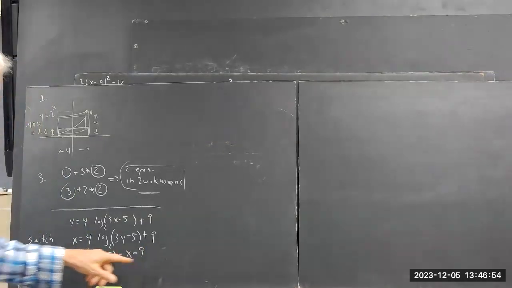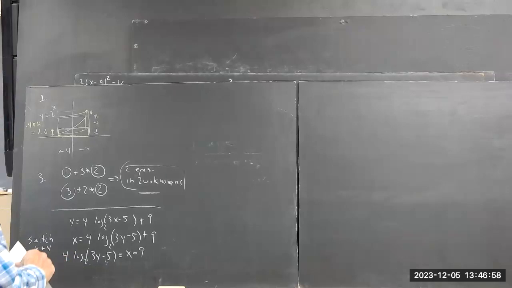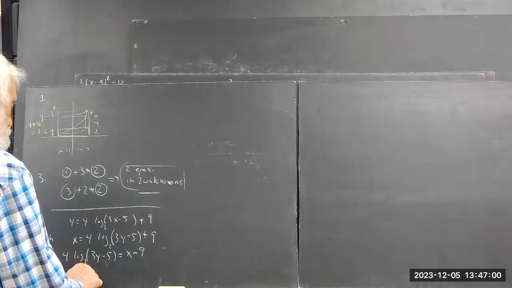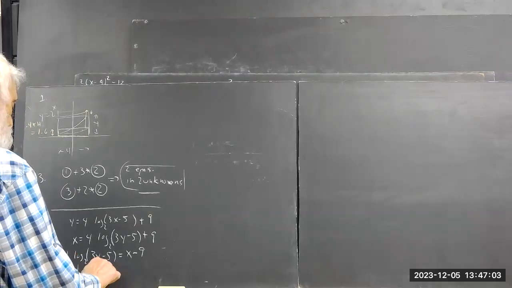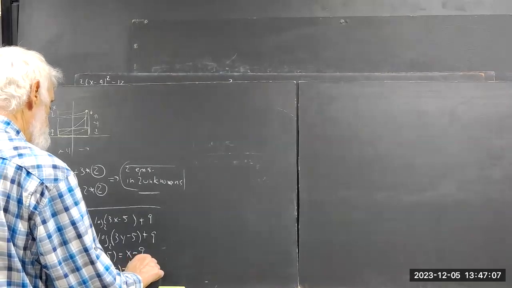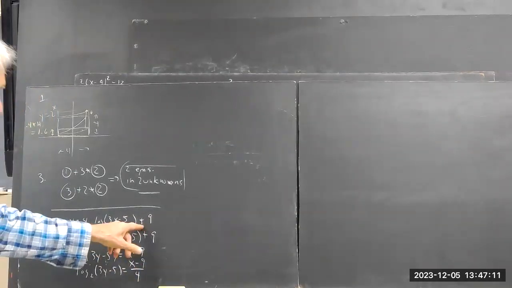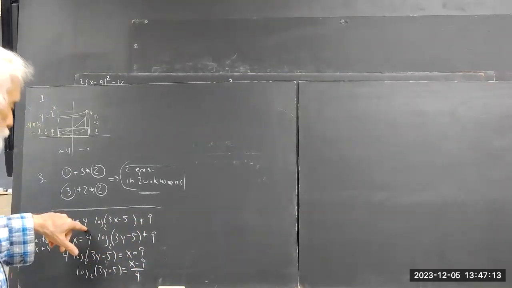So we've got our y here and our x over here. Now we have 4 times the log, but we need just a log. We get log base 2 of 3y minus 5 equals x minus 9 divided by 4. All I've done at this point is subtract that 9 and divide by 4.